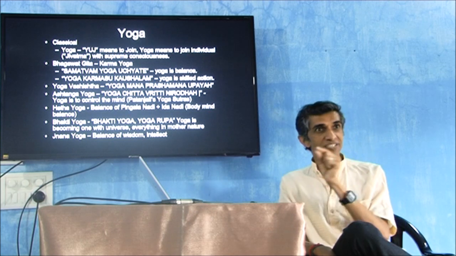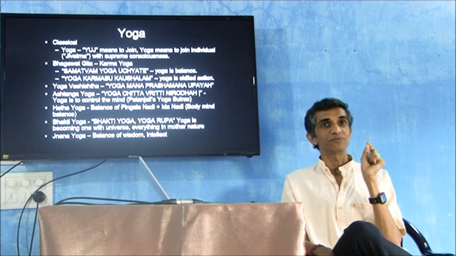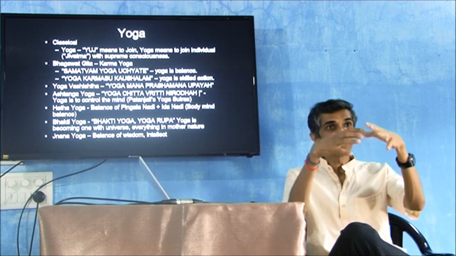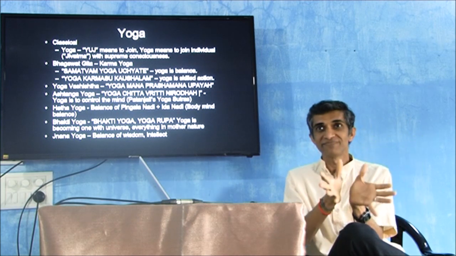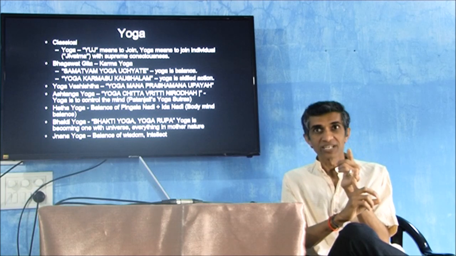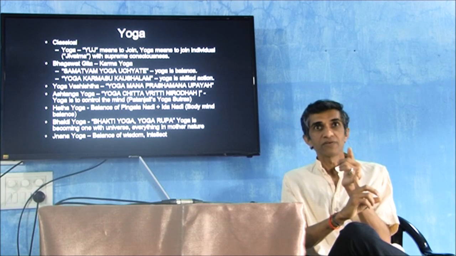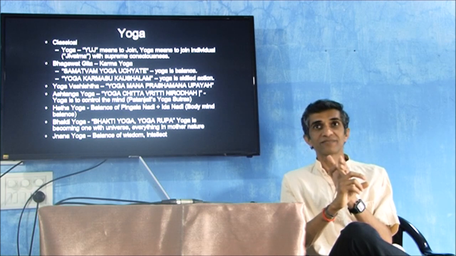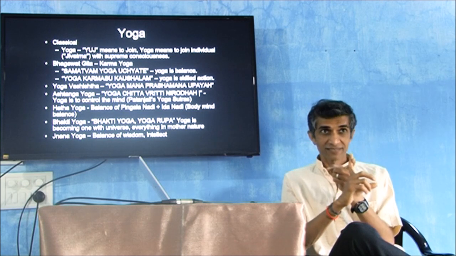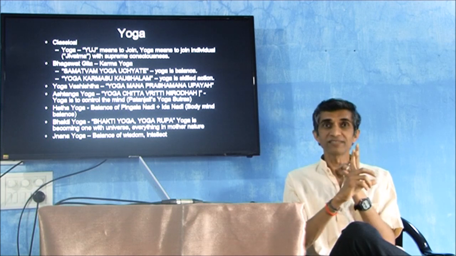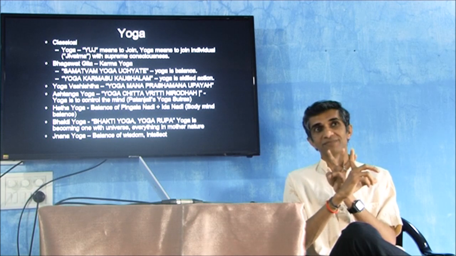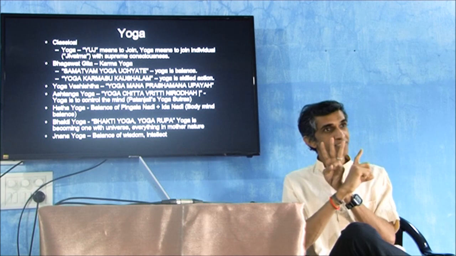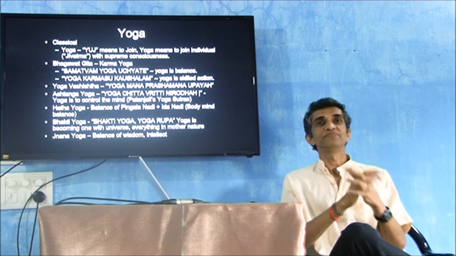Yoga, this definition, yoga karmasu kaushalam. Yoga is that skill where I can bring all these three things together: the intellect, the emotions, and actions. Jnana in Sanskrit, bhakti, and karma. Bringing these three things in harmony is yoga.